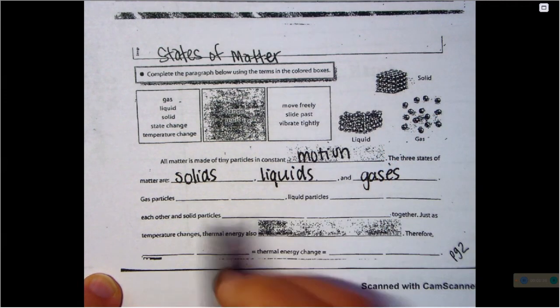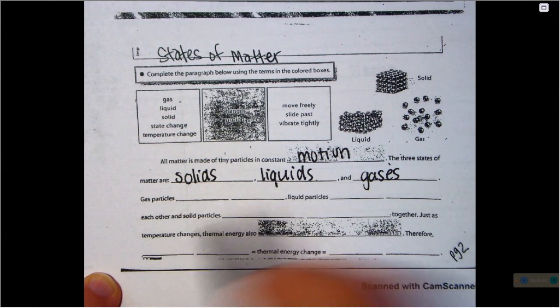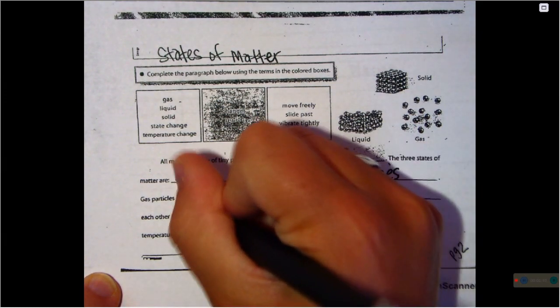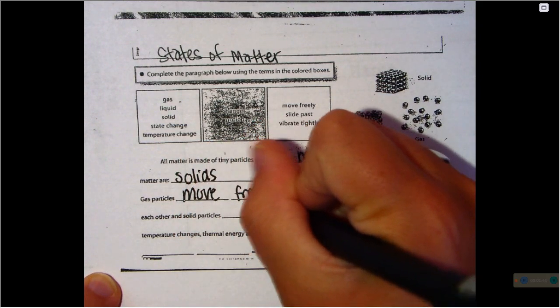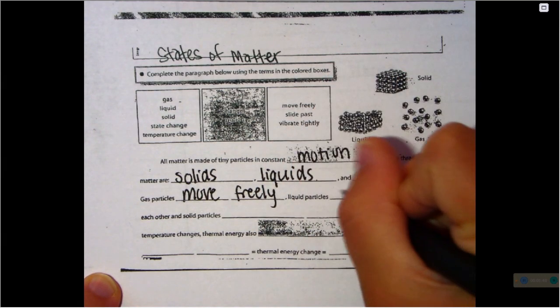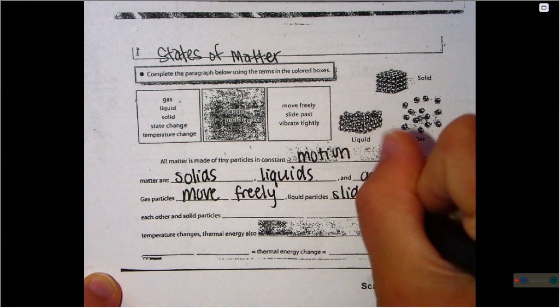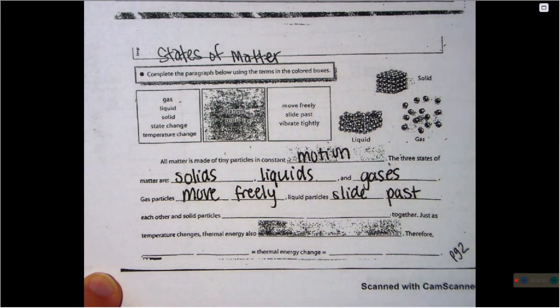All right, so gas particles, like we just saw, are usually at higher temperatures, and they move very freely. We said they had the highest degree of freedom. Liquid particles, right here, they slide past each other. So they're not tightly packed together, but they just slide around.